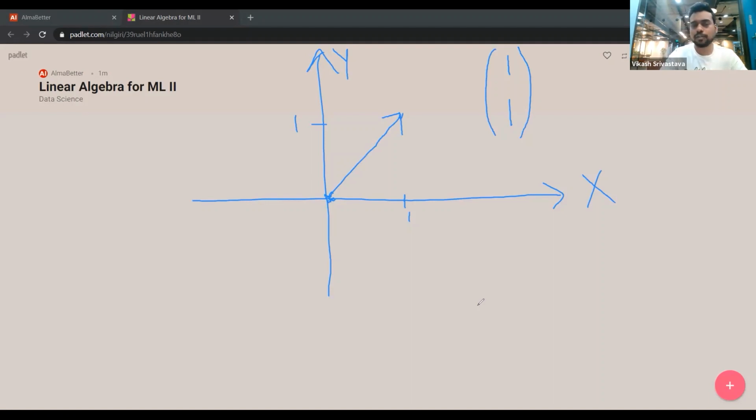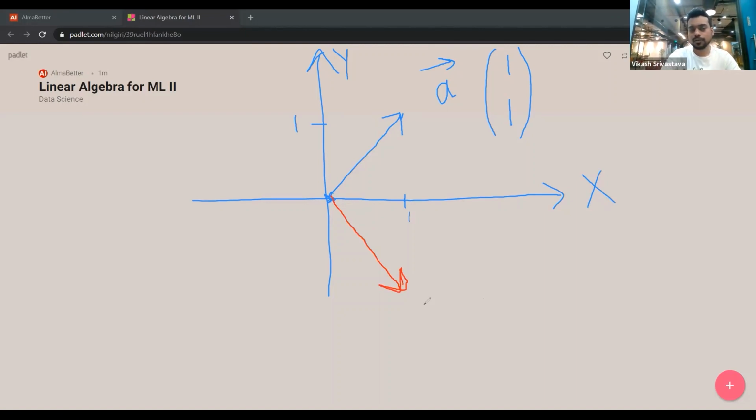Let's call this vector a. Now I want to reflect this vector about the x-axis. So what will be the reflection? This is the reflection that we'll be getting.